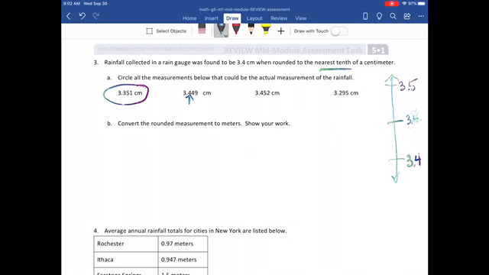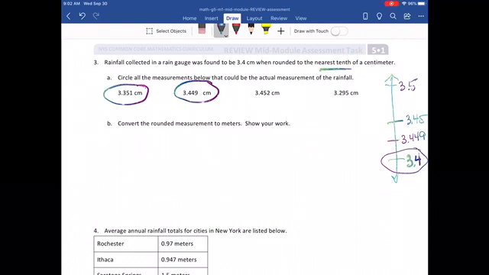Halfway between 3.4 and 3.5 is 3.45. I have 3.44, 4/10 is smaller than 4 hundredths is smaller than 5 hundredths. So 3.449 goes right below that, so we round down to 3.4. So this one also rounds to 3.4.